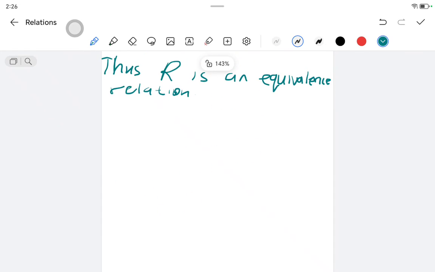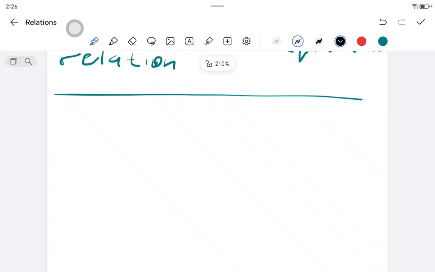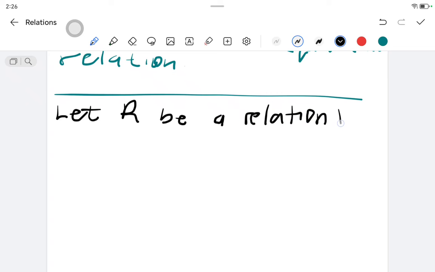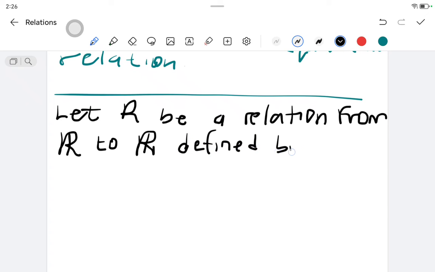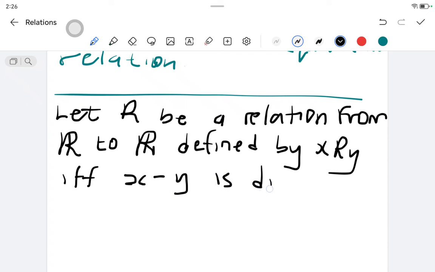Now we come to the second question. Let R be a relation from R to R, defined by x related to y if and only if x minus y is divisible by 10.